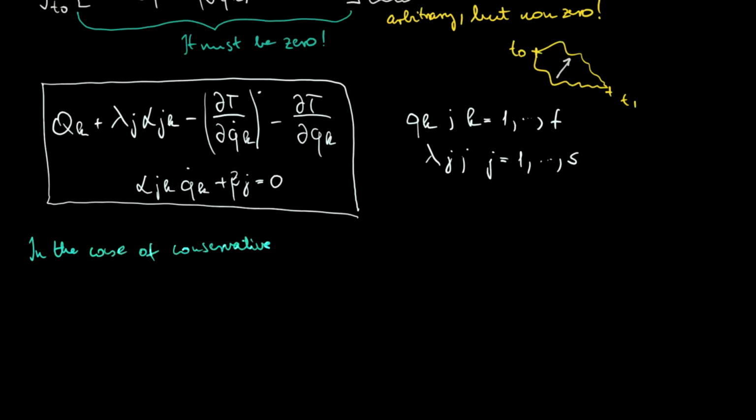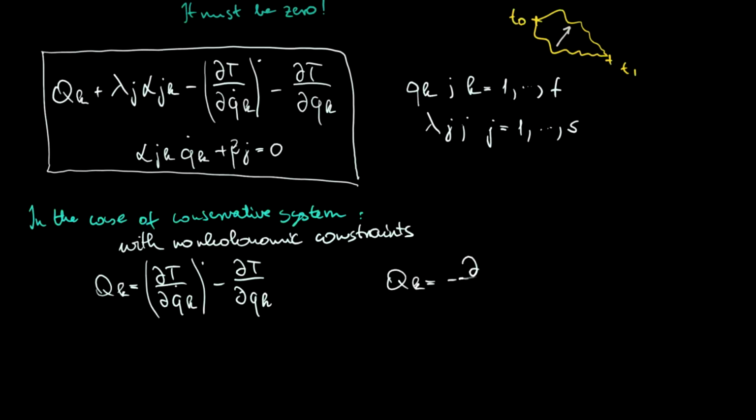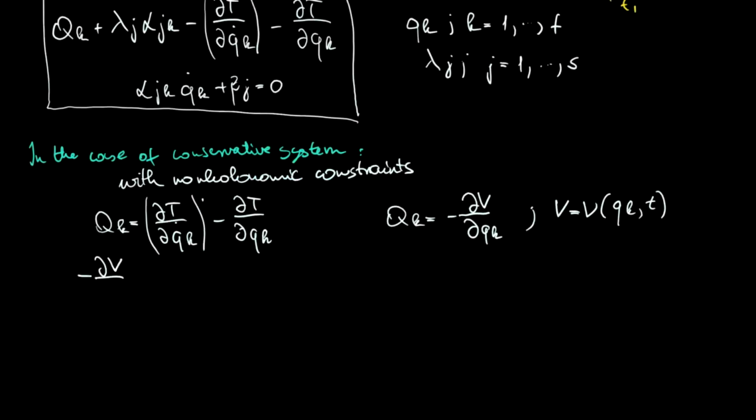And I would like to show you a special case when the system is conservative with non-holonomic constraints. So we can write that Qk will be d/dt of partial T over partial qk dot minus partial T over partial qk, and Qk is minus partial V over partial qk, and V depends only on qk and t.